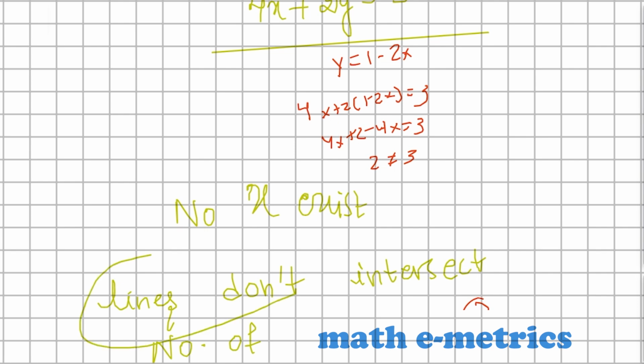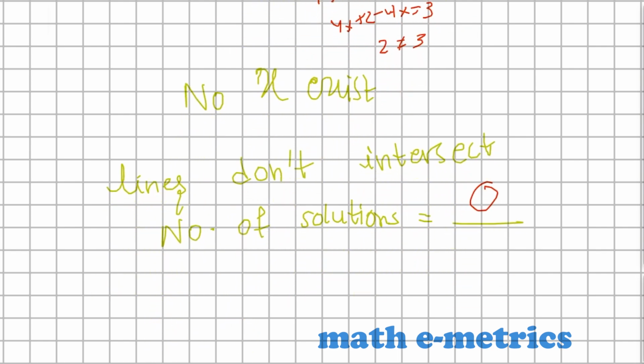If the lines do not intersect, what type of lines are they? Parallel lines. Parallel lines mean they are parallel to each other, but do they ever intersect?